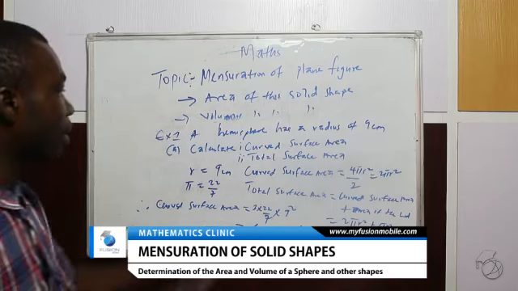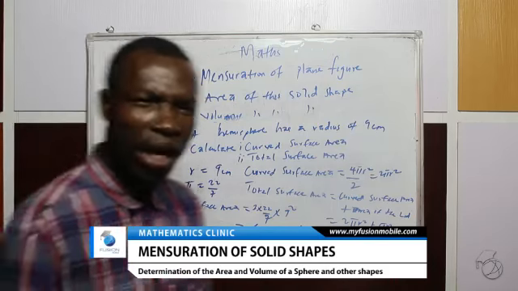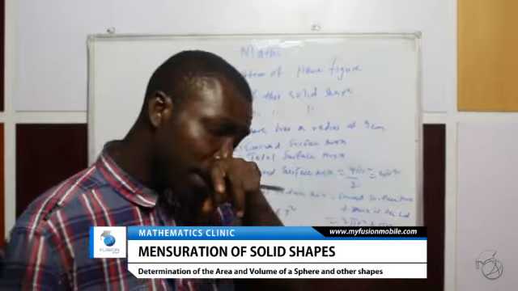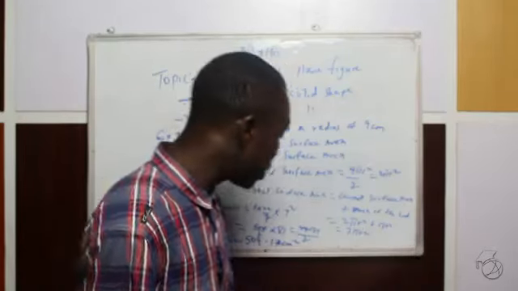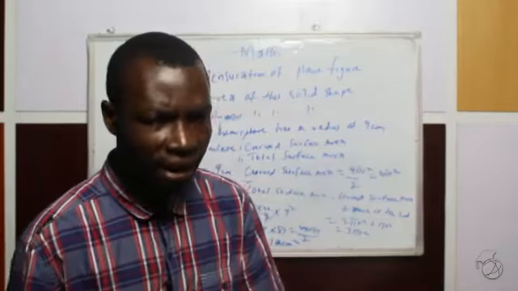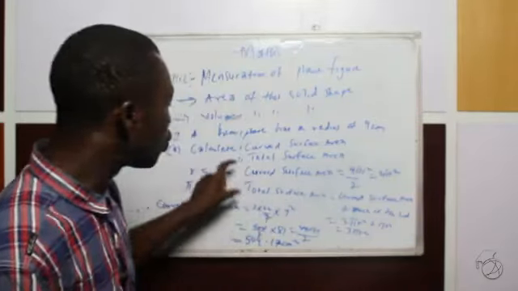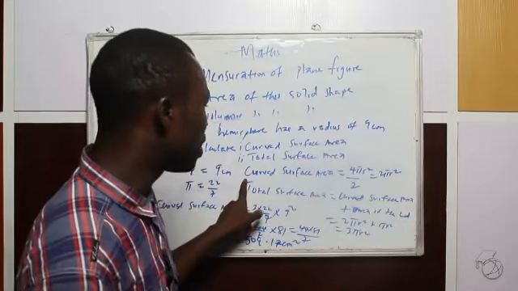So the curved surface area of a hemisphere in this question, having a radius of 9 centimeters, is 509.17 square centimeters.